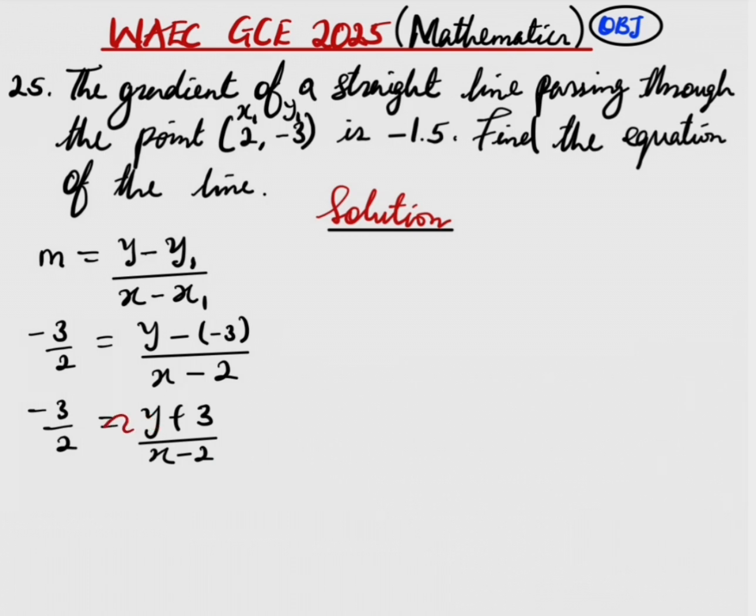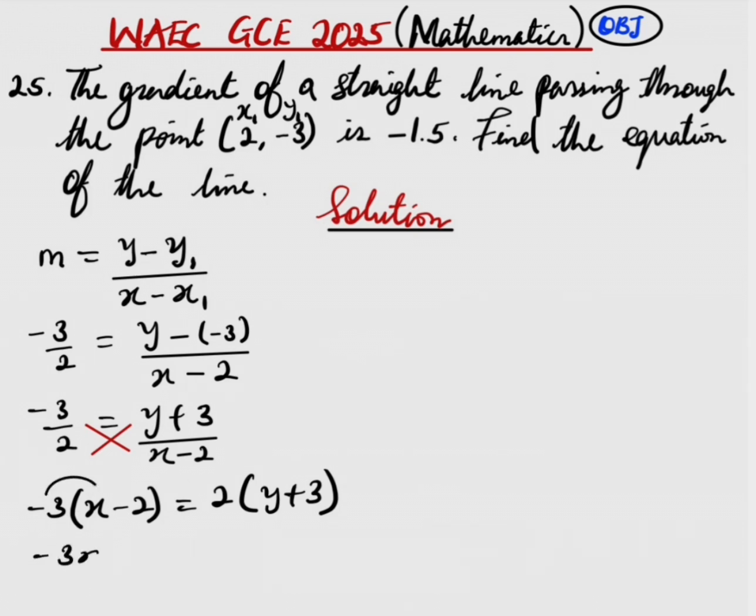We then cross multiply, so that we have -3 into (x minus 2) equal to 2 into (y plus 3). Now when we open the parenthesis, we have -3 multiplied by x, this gives -3x.